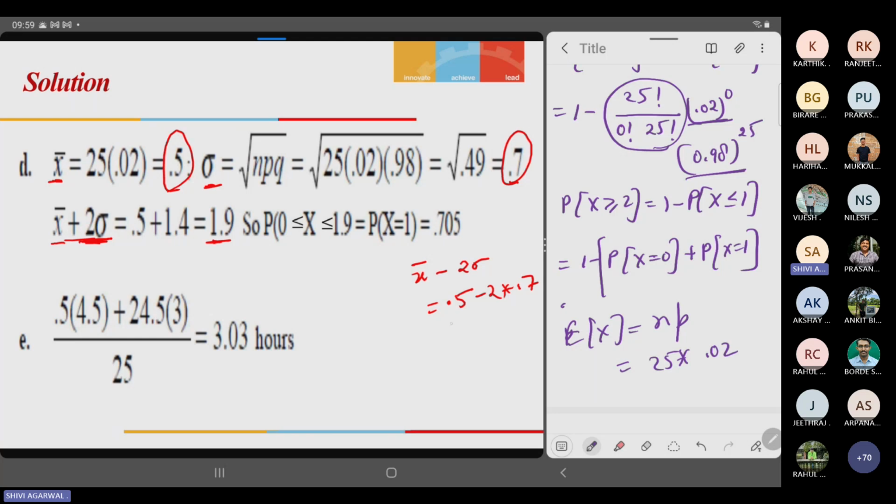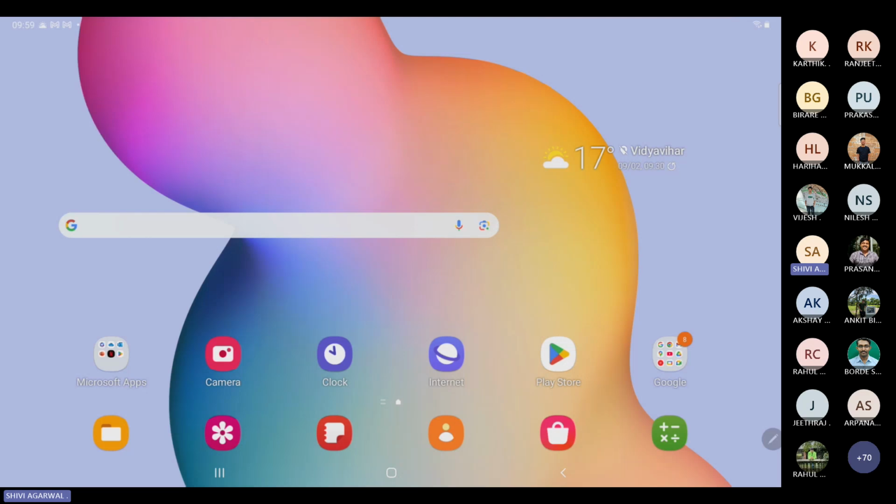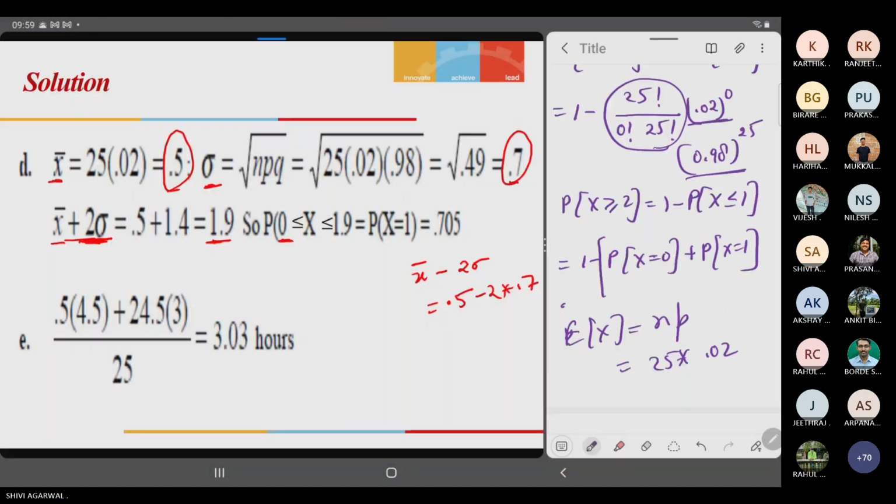So it becomes 0 because x is varying from 0 to 1.9, and 1.9 means it is up to 1 only because 2 is not included.